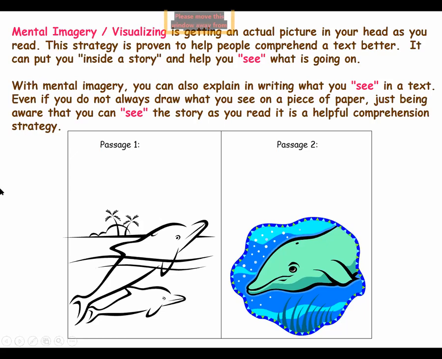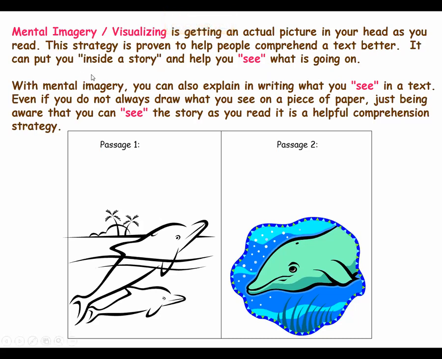Okay, this strategy is proven to help people comprehend a text better. If this visualization is not taking place, it means it is difficult to understand the text. It can put you inside a story and help you see what is going on. When you start visualizing the text in your mind, then you will feel as if you are in the story and you can easily understand and predict things.